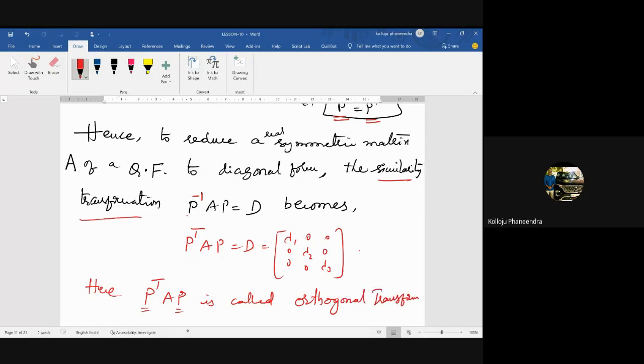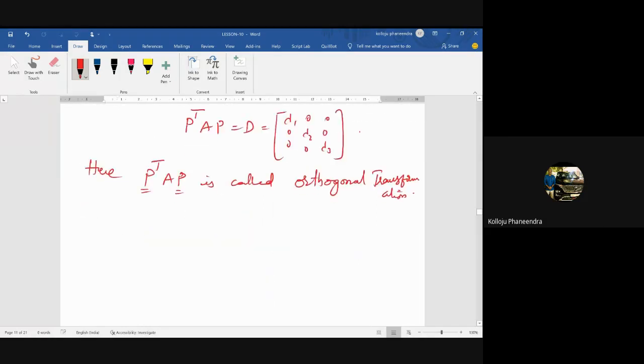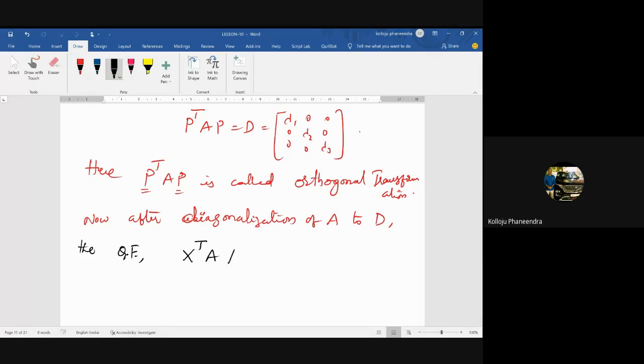This is important. Now, after diagonalization of A to D, the quadratic form X transpose AX reduces to X transpose DX.